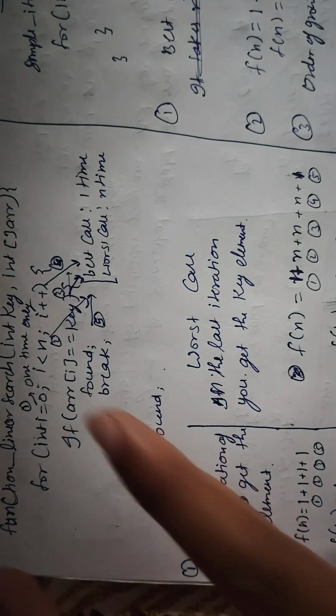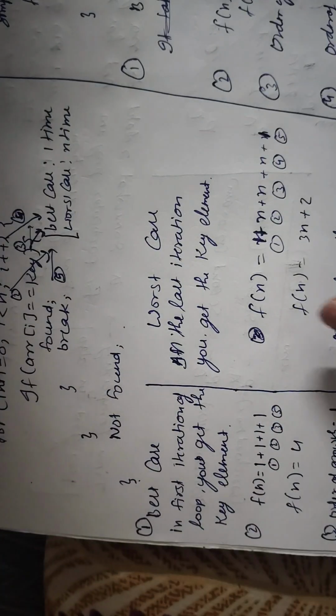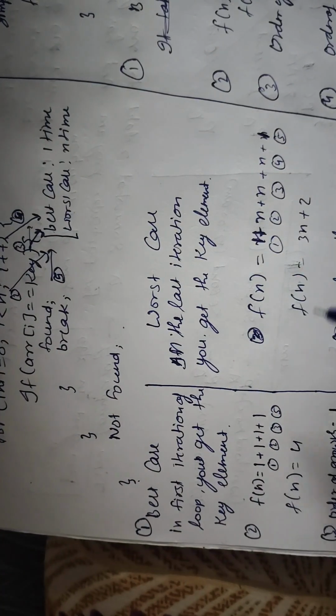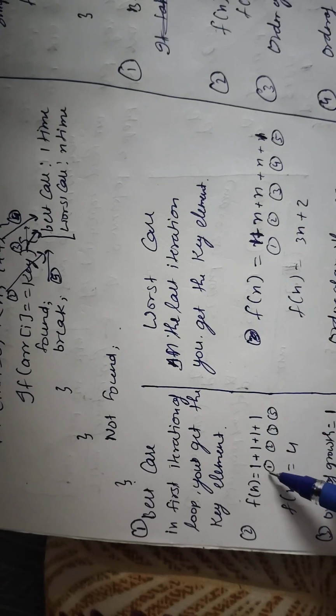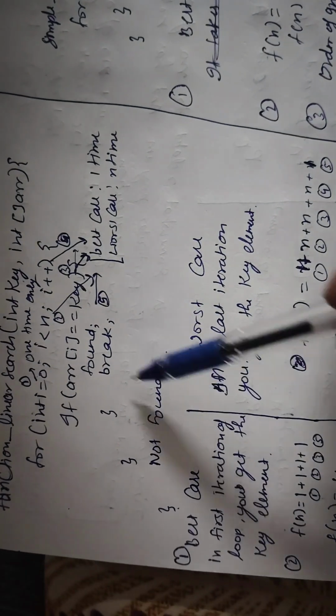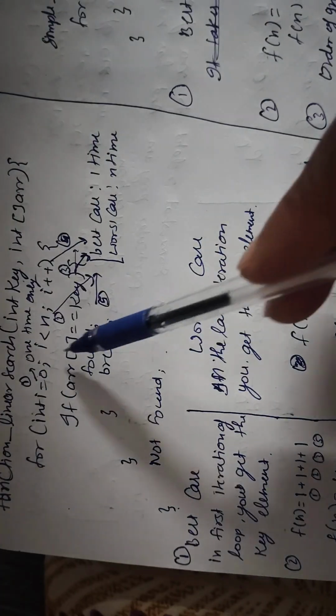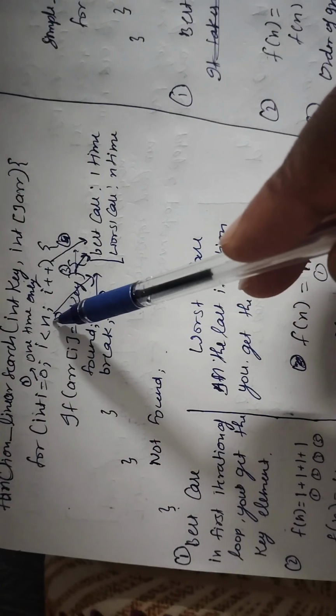So for the worst case we have to create a function, and for the best case we have to create a function. So we create functions like this. This line of code will be executed by the PC one time, so this comes to just one. This line of code is executed by the PC for the best case one time only.